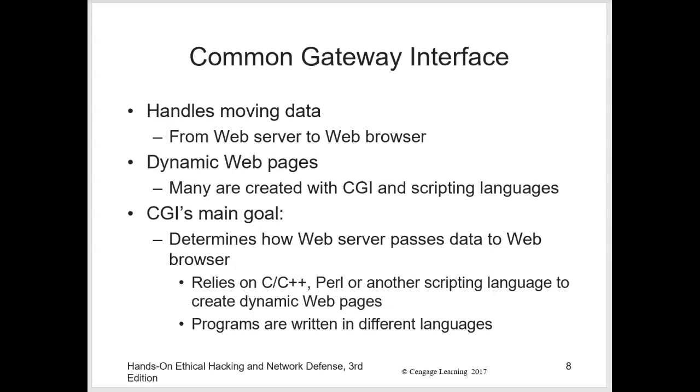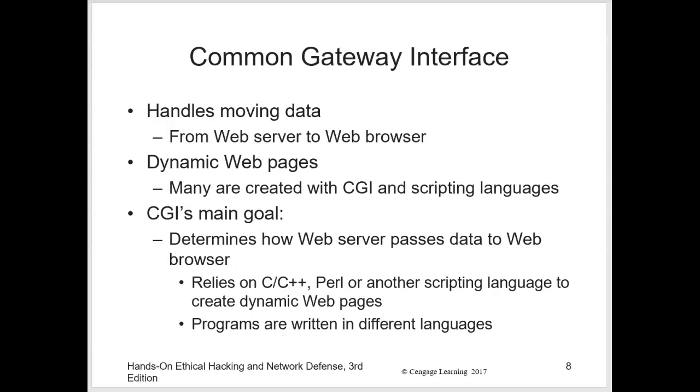So CGI is that interface that determines how the web server is going to pass the data to the web browser. The main role of CGI is in passing that data. And in fact, the term gateway describes this very movement of data between the web server and the browser, right?